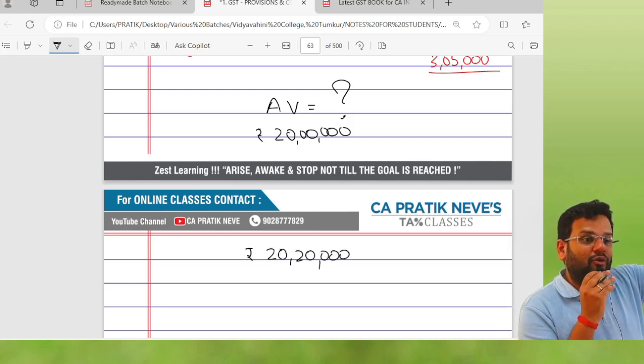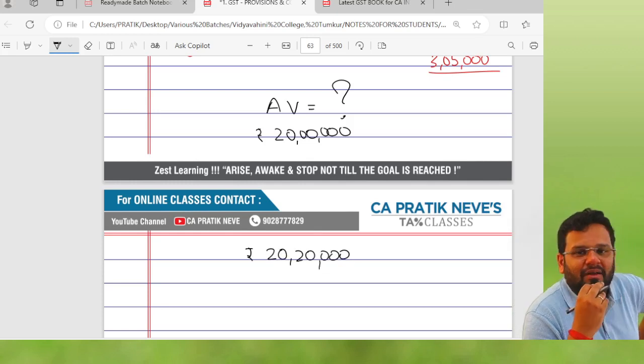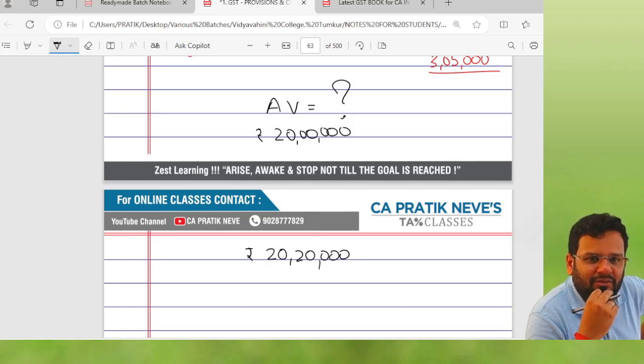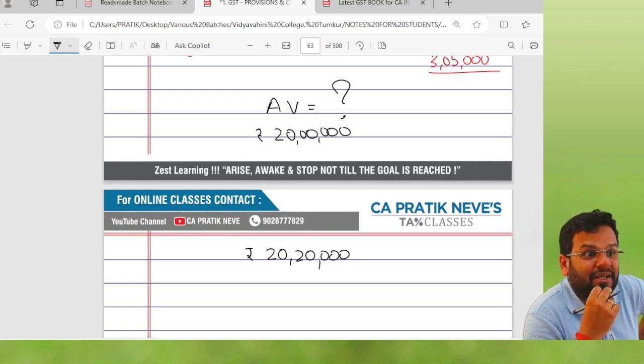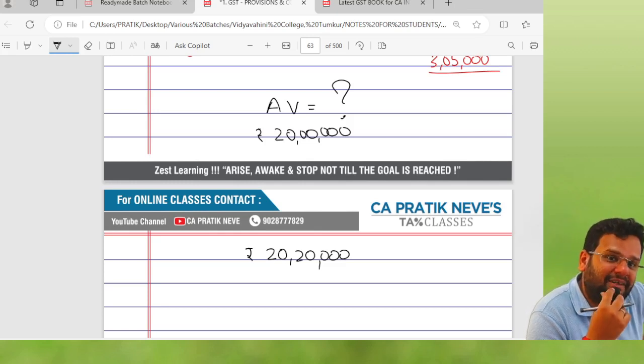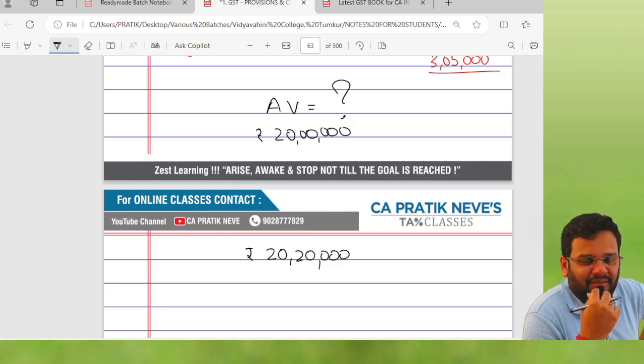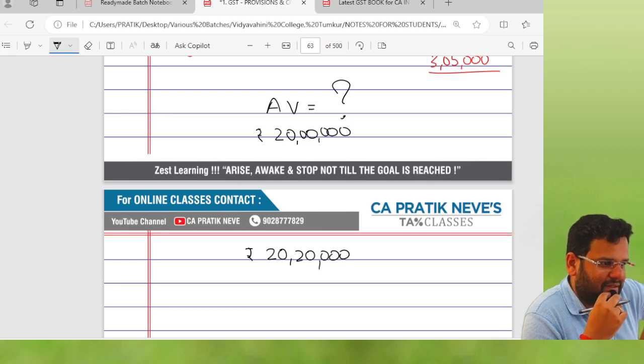Now, taking you back to section 15, assessable value shall be transaction value, that is price actually paid or payable, and that transaction value includes taxes other than GST. So actually if you consider TCS as a tax, then value should be 20 lakh 20,000. Getting it?